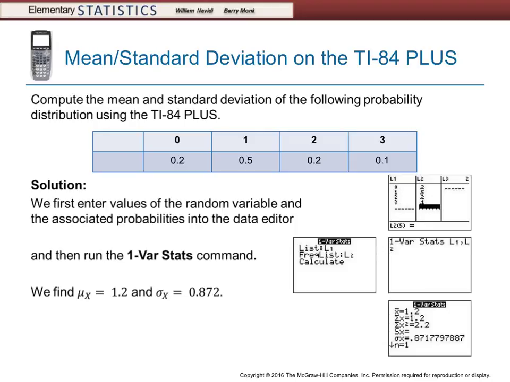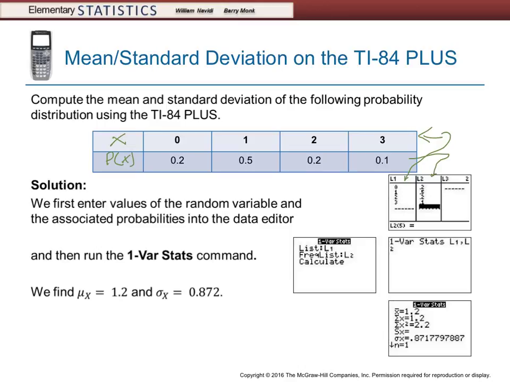So you may want to try this on your calculator, right? So we're going to compute the mean and standard deviation of the following probability distribution. So this is the value of x, this is P of x. So this will go into L1. This will go into L2 for P of x, and you can see that that's the screen that you do.